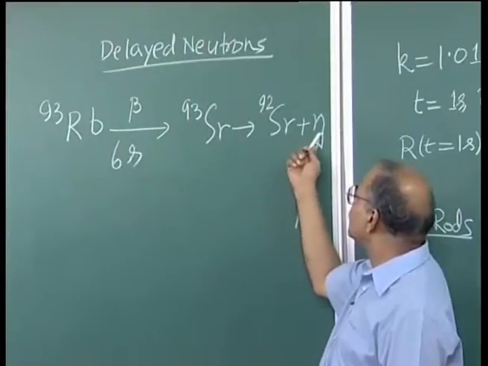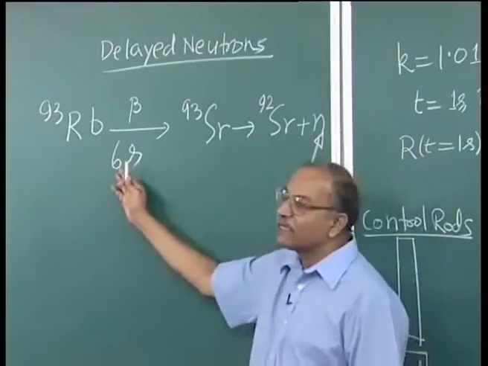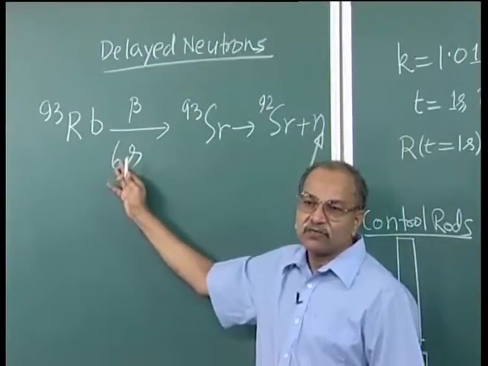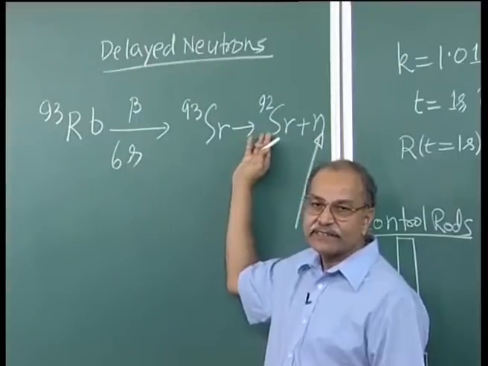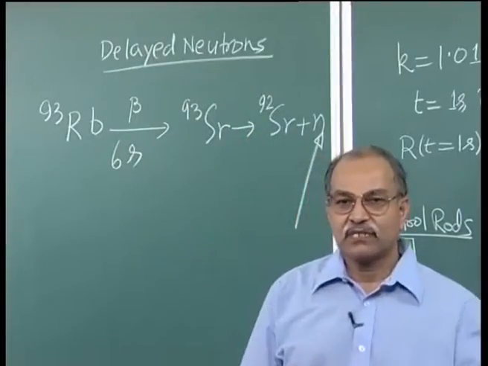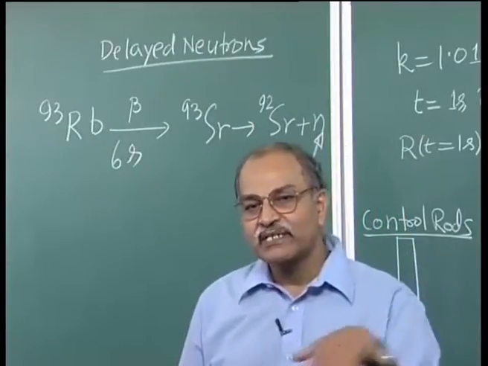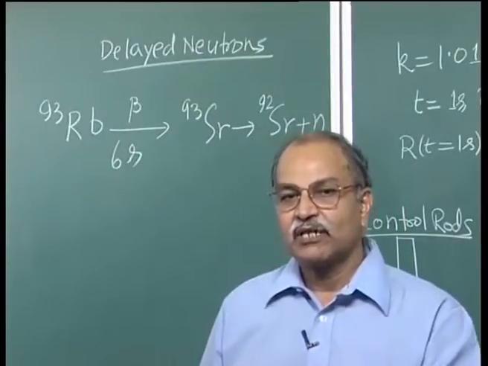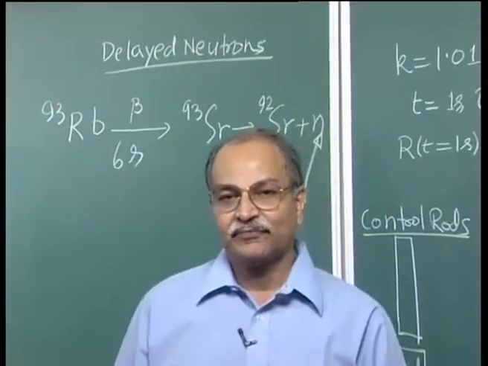Therefore, this neutron will come with a delay of this order of time. So, these are known as delayed neutrons. We talked about these delayed neutrons earlier. They are about 2% of the prompt neutrons, but that 2% gives us the handle.